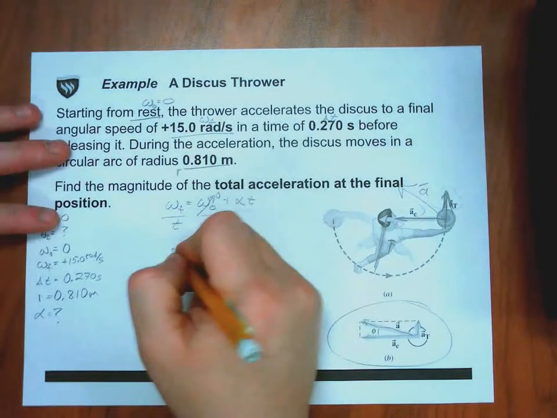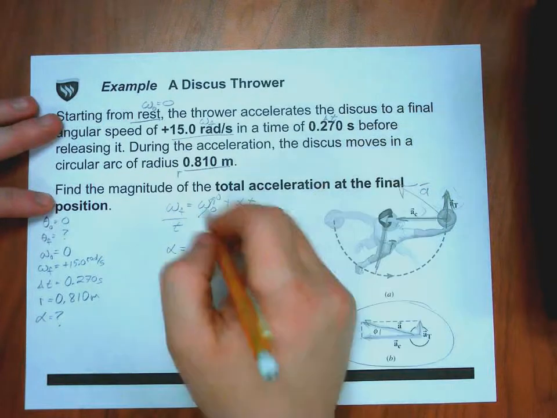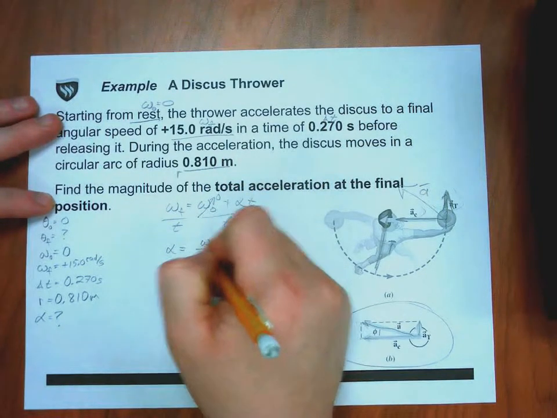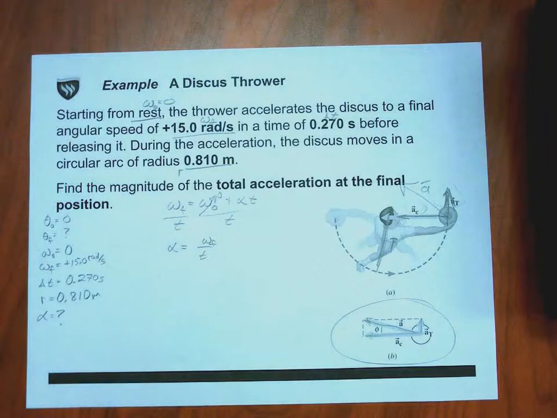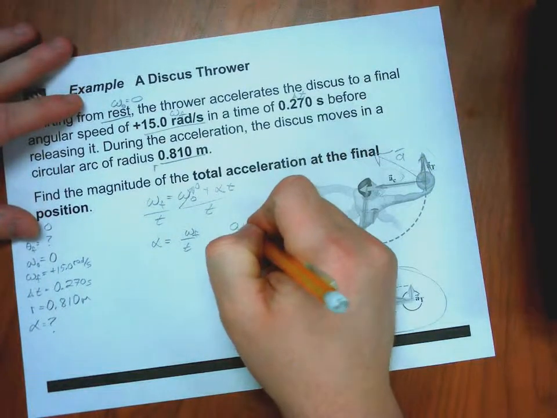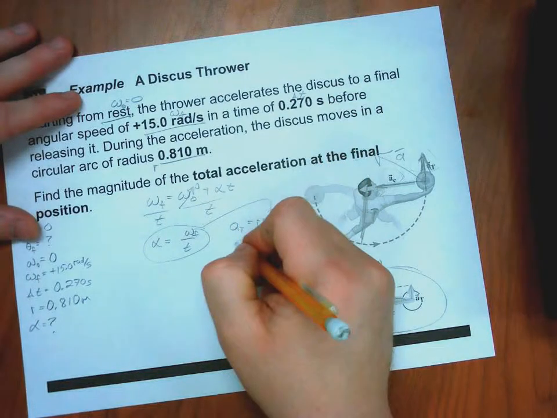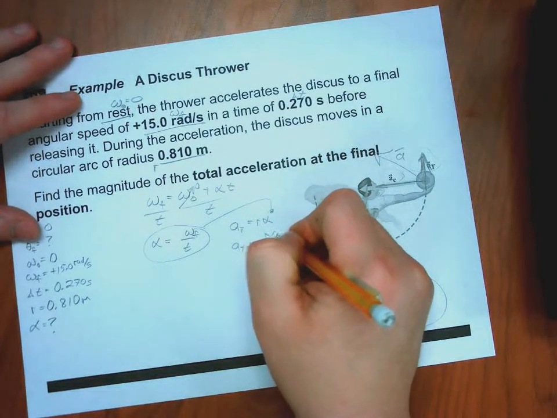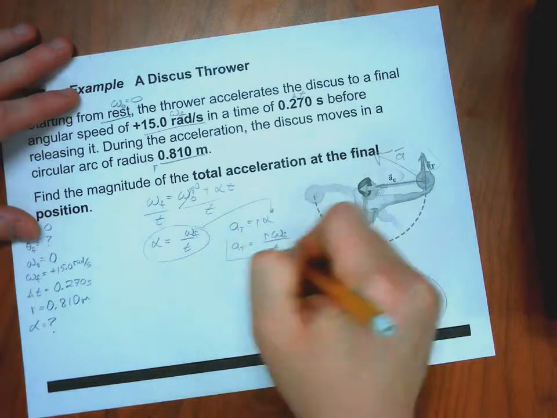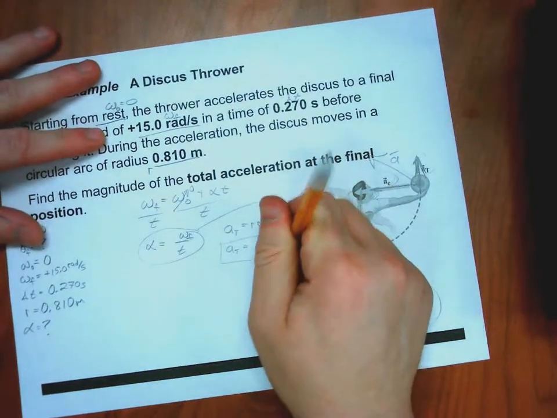And so then alpha is just equal to omega f over t. Well, how do we find the tangential acceleration? Well, a_t just equals r alpha. So a_t is equal to r omega f over t. So that's one part of the problem. We could go ahead and throw in numbers if you like.